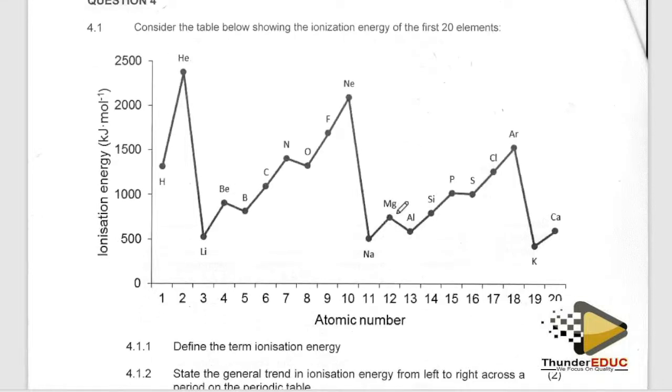It was simple. Now let's go to ionization energy. I explained this yesterday. I hope you get it. Define ionization energy. Ionization energy is the minimum amount of energy required to remove 1 mole of electrons from a gaseous atom, ion or molecule.